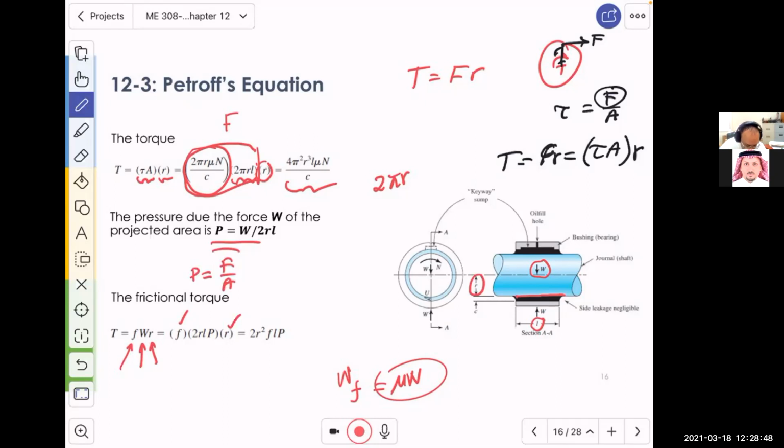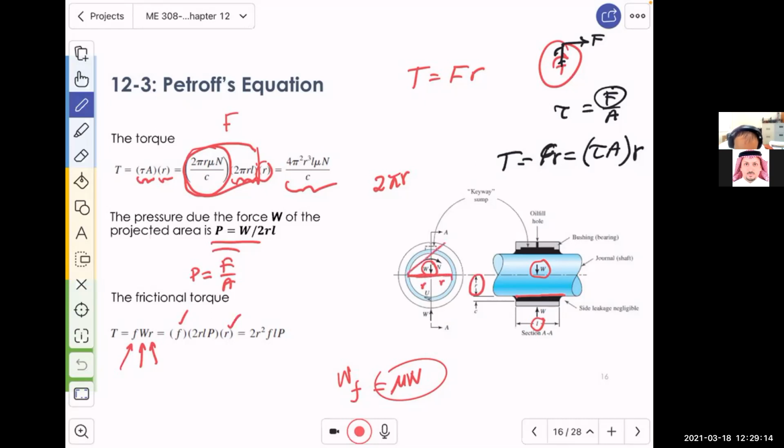So what are we going to do? We are going to look at this W as a load applying. So I'm going to get the pressure by taking that weight and dividing it by the projected area. The projected area is this 2R. So if this is 1R, this is another R, so these are 2 R's.